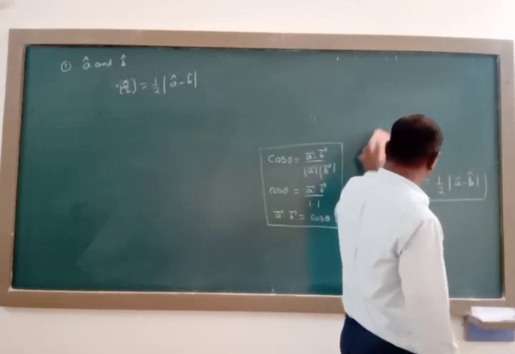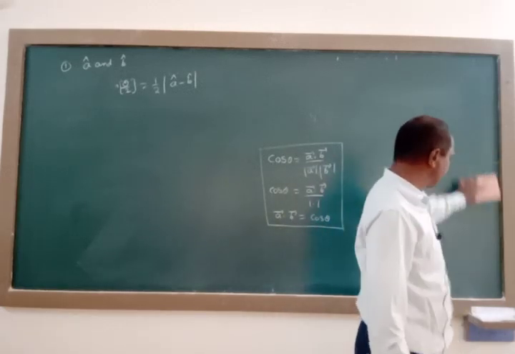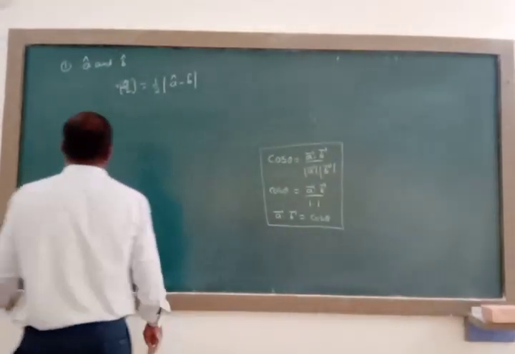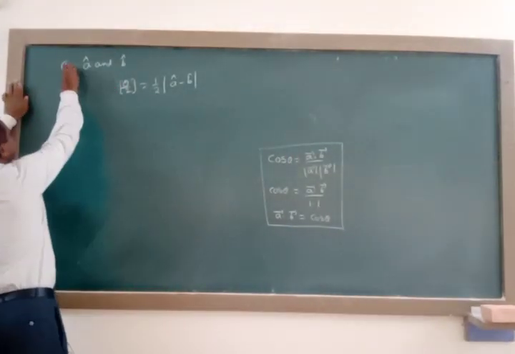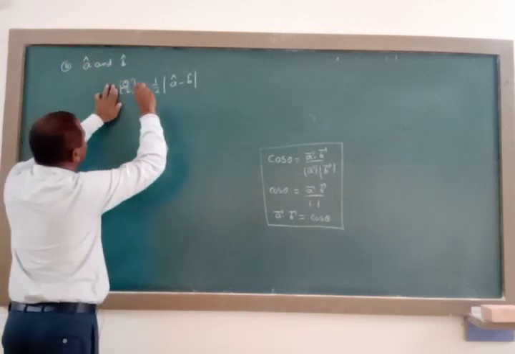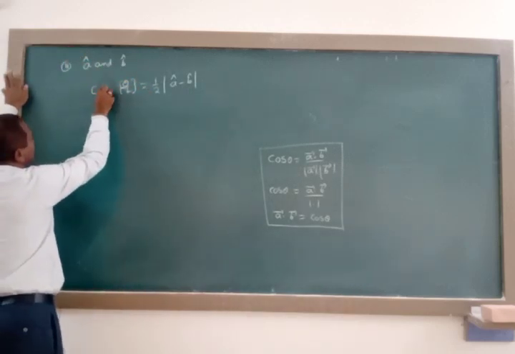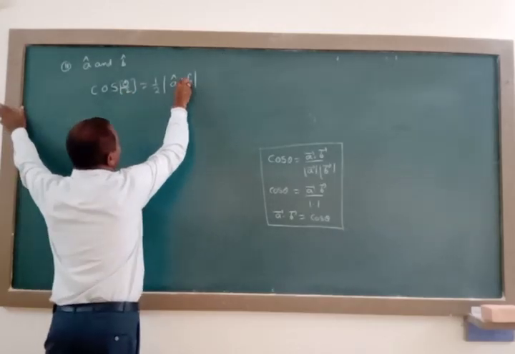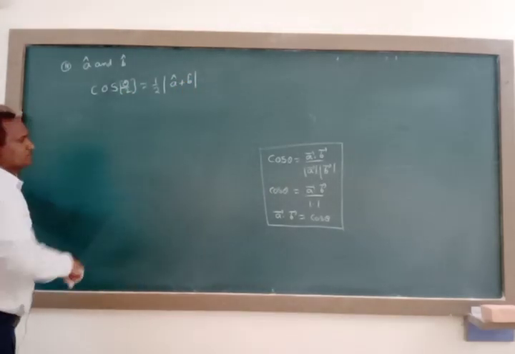If a cap and b cap are the two unit vectors, second result, then show that cos of theta by 2 is equal to half of modulus of a cap plus b cap.